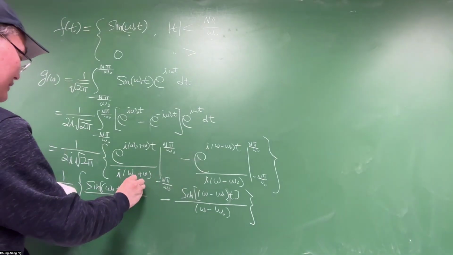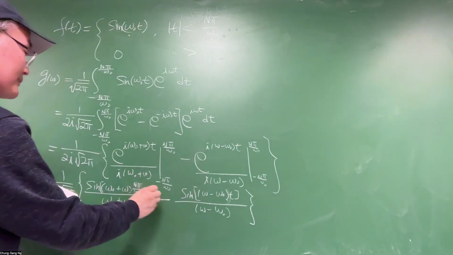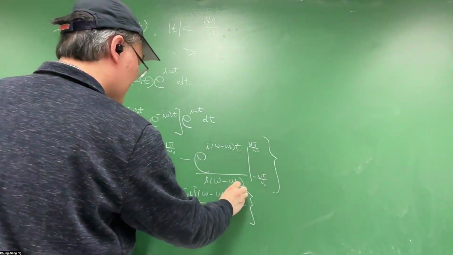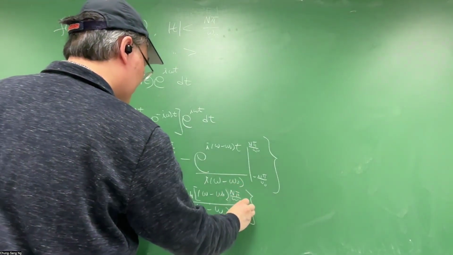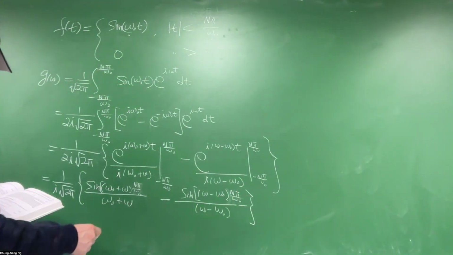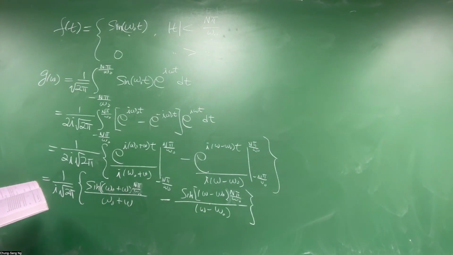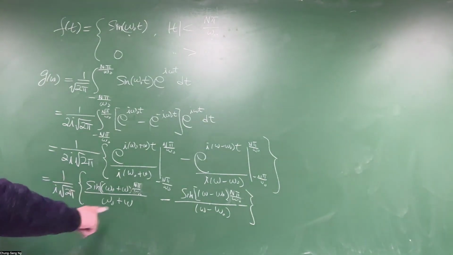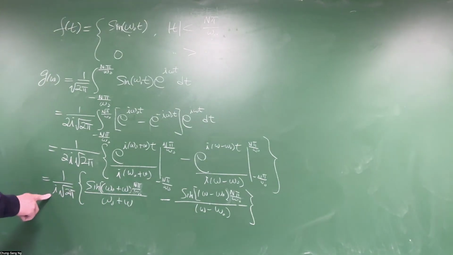Evaluate at N pi. Then it should be the same, except this i thing, and then the sine is coming to the i.